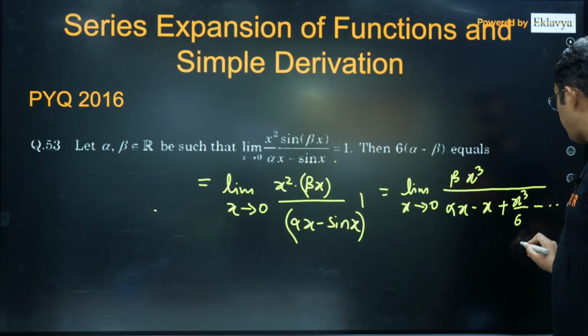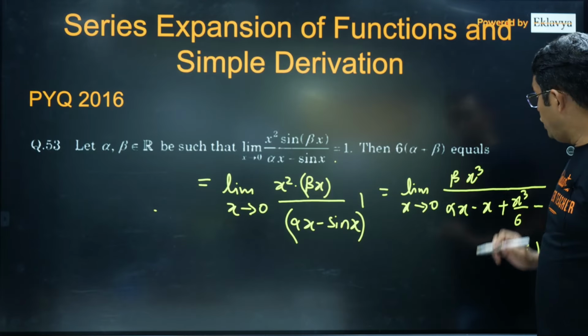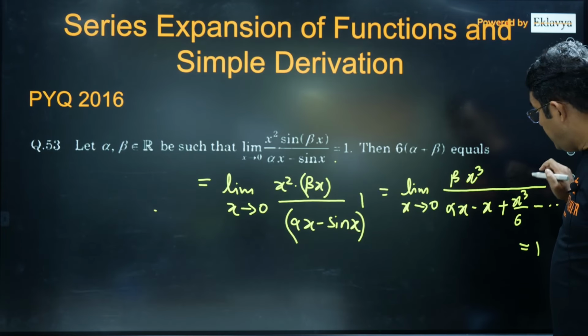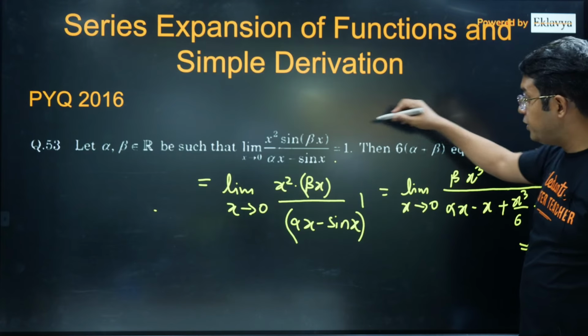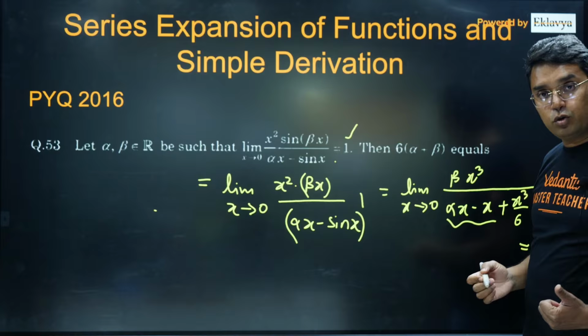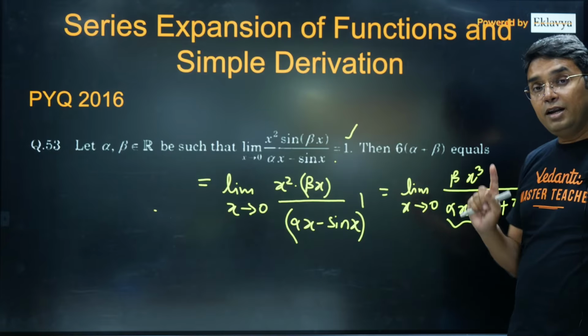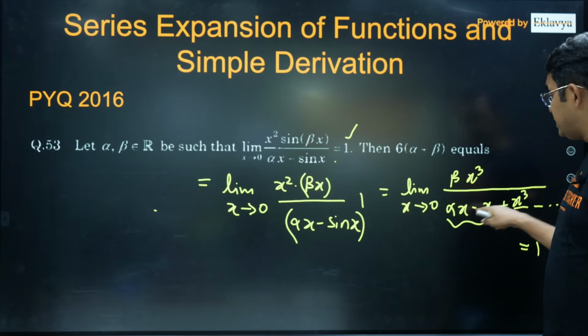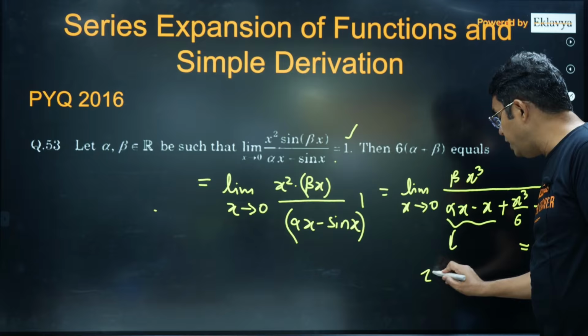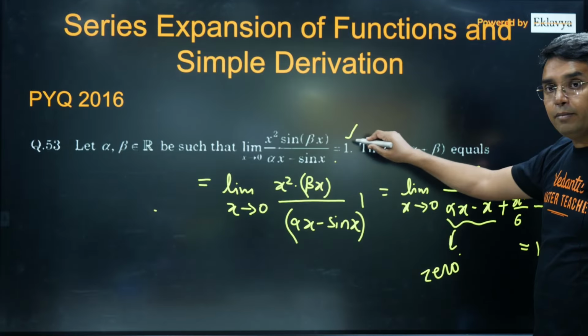Now this limit can be finite only if the degree in the denominator is equal to the degree of the numerator, if it is 1. But here you can see there are terms of x also, which will give you the limit as infinite if this is not made 0. So this has to be 0, then only your limit can come equal to 1.